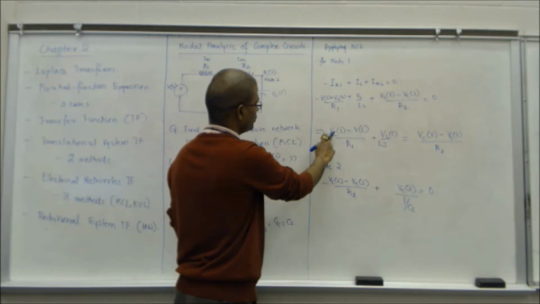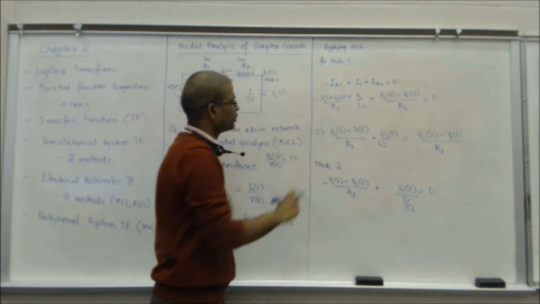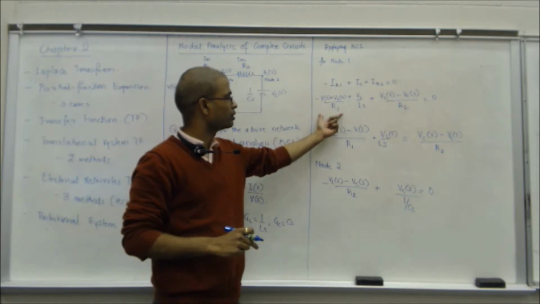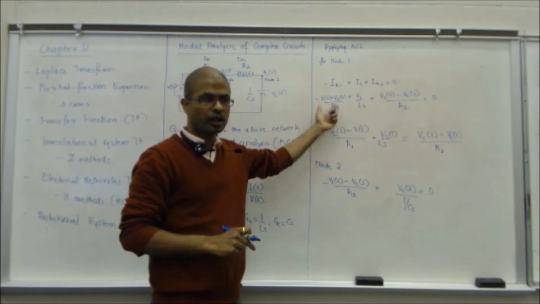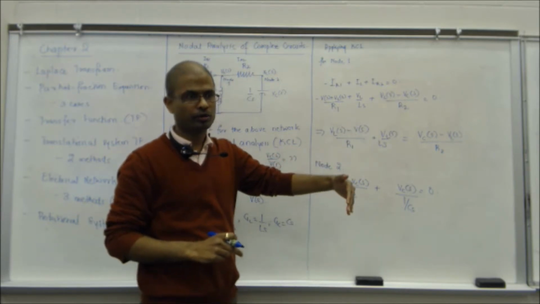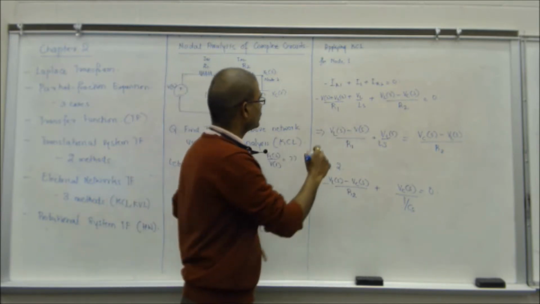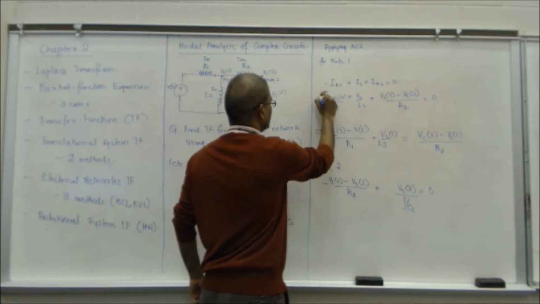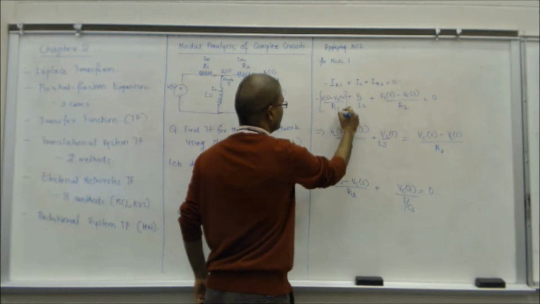Or did they flip? They flipped, right? So the sign convention is: current flowing in is negative, current flowing out is positive, right? So this is what we had. Agreed?